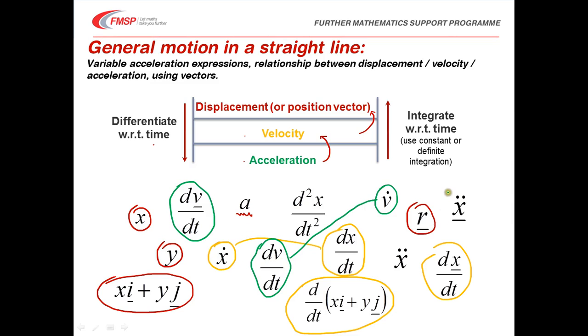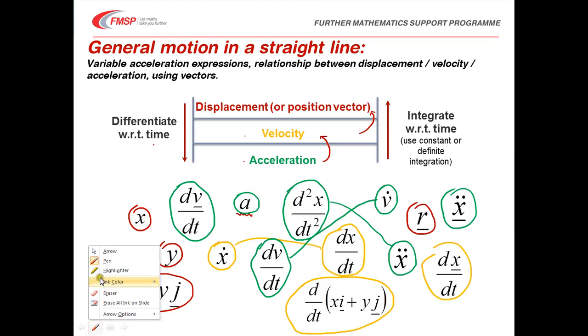And then we've got our second derivatives: second derivative of the displacement vector, second derivative of x, and the second derivative of x with respect to t here. Again, these are the same thing. And of course little a is often used for acceleration as well, although it tends generally to be used for constant acceleration rather than more generally for a variable acceleration.